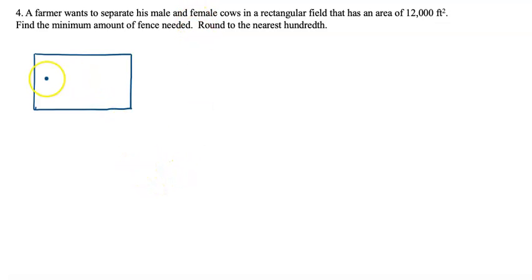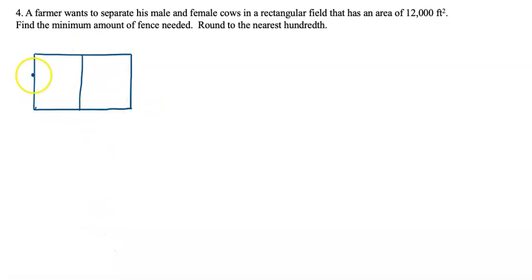Now, if I were to add a piece of fence lengthwise or widthwise, so I'm going to add a piece of fence here or here. Well, I know that this width, at least from how I drew the picture, is wider than this length, right? So I'm just saying, okay, I want to separate with some length of fence.